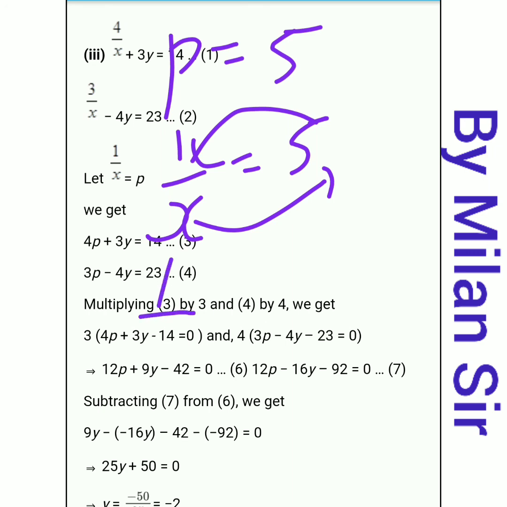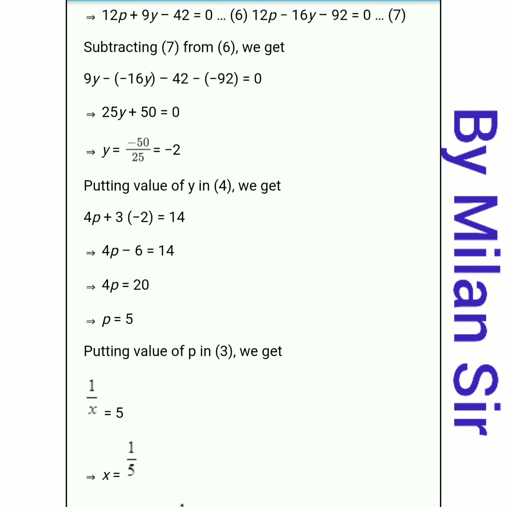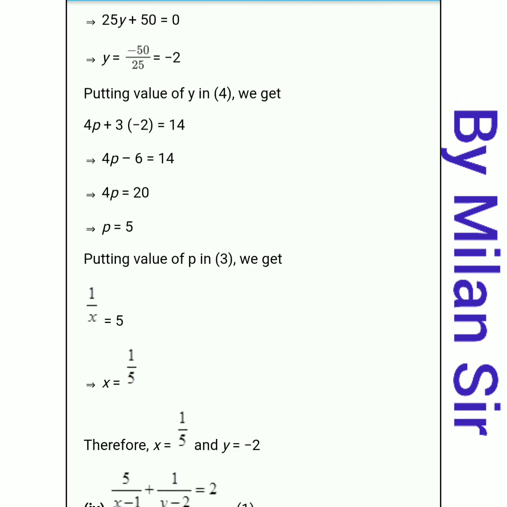So 1 as it is. If we transfer 5 to the left hand side, it goes to the denominator, and x goes to the numerator on the right hand side. So x is equal to 1 upon 5. Okay, we get the value of x and y here. x is equal to 1 upon 5, y is equal to minus 2. This is the solution of this equation. Okay.